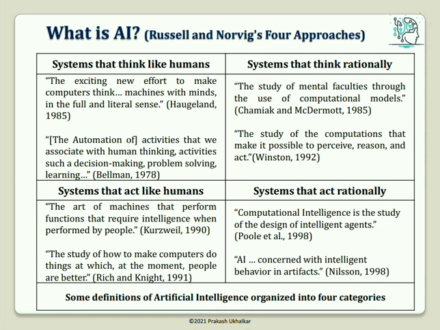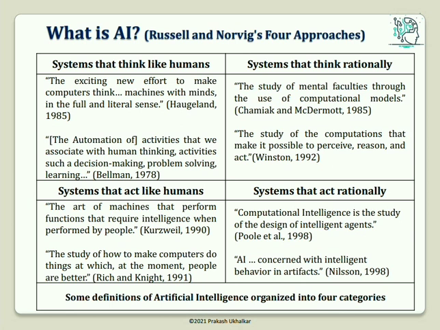In 1990, Kurzweil defined AI as the art of creating machines that perform functions that require intelligence when performed by people, while Rich and Knight in 1991 defined it as the study of how to make computers do things at which, at the moment, people are better.